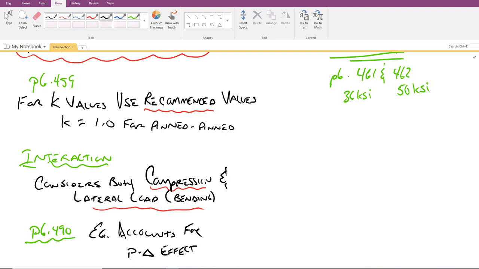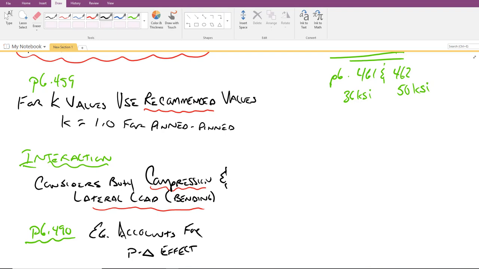So because we've already done the interaction equation for timber, I'm not going to actually have you do the interaction equation for steel, but do note that this is the proper way to do a steel column design. We'll do the basic calculation for allowable stress and account for that, and make sure we know how to calculate the capacity coming down.